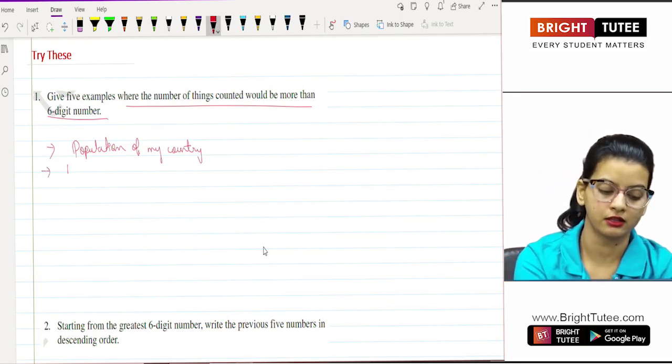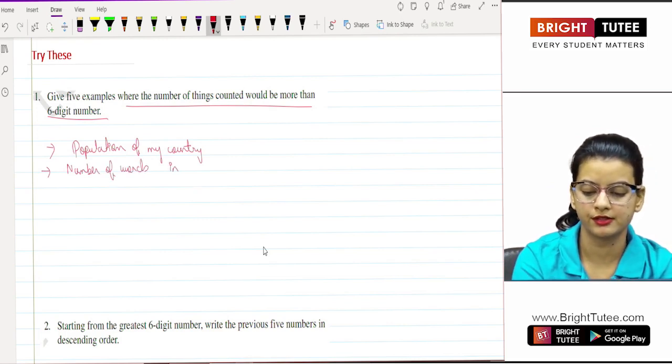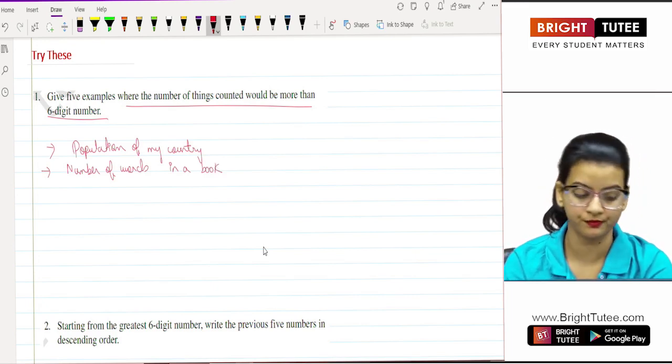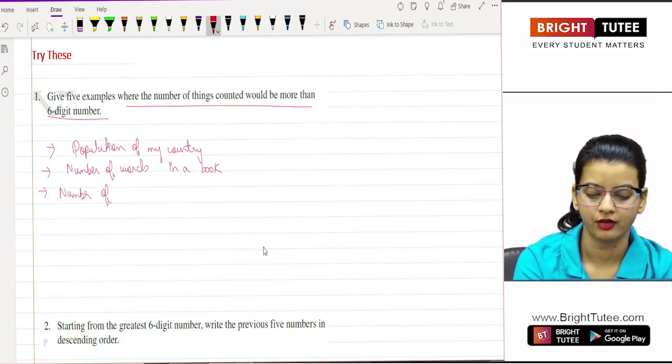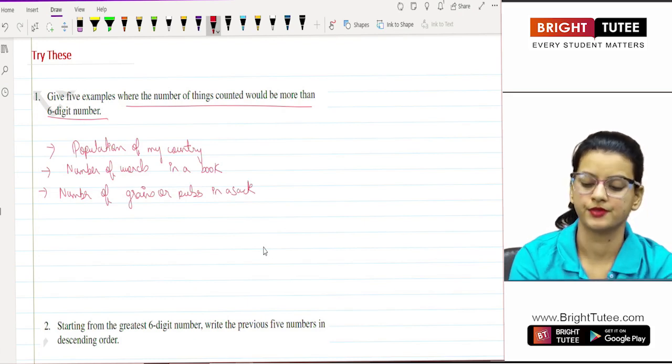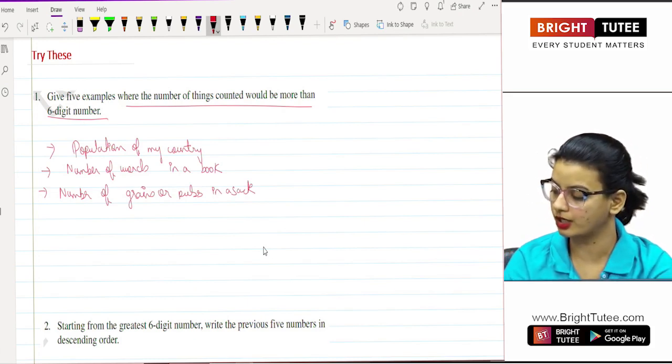Then another example is the number of words in a book. Definitely it will be more than 6 digits. Then we have the number of grains or pulses in a sack. This is going to be more than 6 digits.